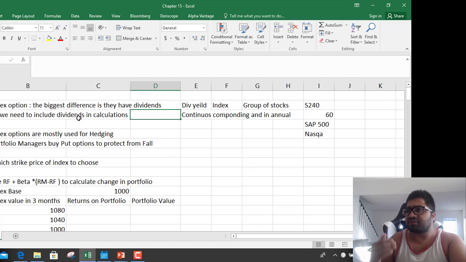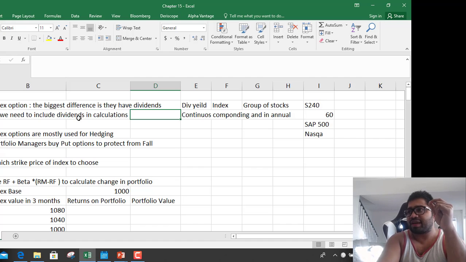Now, how does dividend impact a stock? When dividends are declared and the stock becomes ex-dividend, that is, it no longer includes the dividend in its price, the stock price goes down. So an important point: when dividends are paid, the stock price goes down.